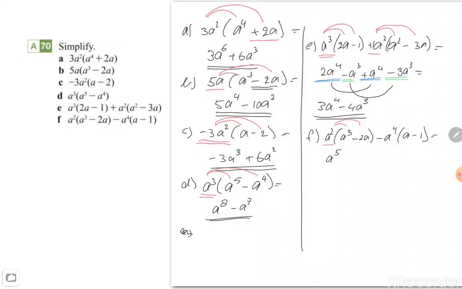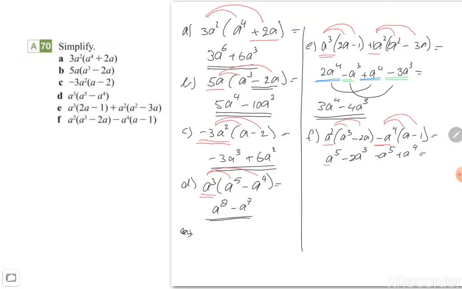A squared multiplying with minus 2a is minus 2a to the power 3. Minus a to the power 4 times a is minus a to the power 5. And minus a to the power 4 multiplied with minus 1 is a positive a to the power 4.